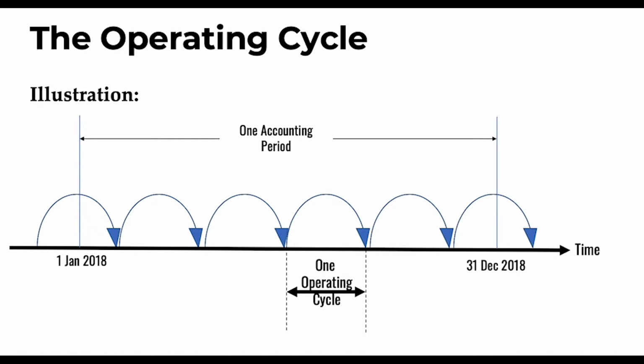So you will generally see when you start an accounting period, you already have a trading activity happening and the operating cycle in process, and it goes on for some period in time when it ends, and then the next one starts. And by the end of the year, you see it's in a phase of another operating cycle where part of the cycle is completed, but not the full cycle completed as at the end of the accounting period.